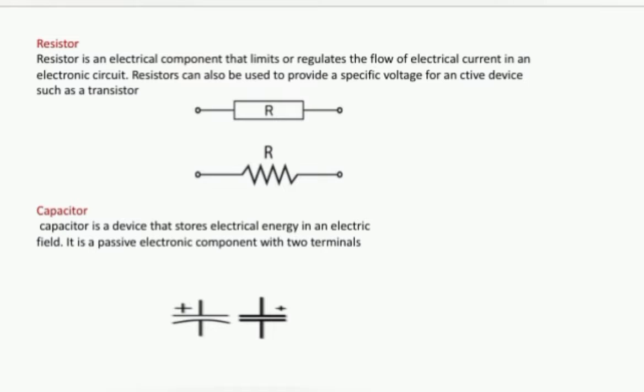Coming to the first analog component, the resistor. A resistor limits the current flowing through a circuit. Example, interfacing of LEDs or a buzzer with the port pins of the microcontroller through a current limiting resistor.